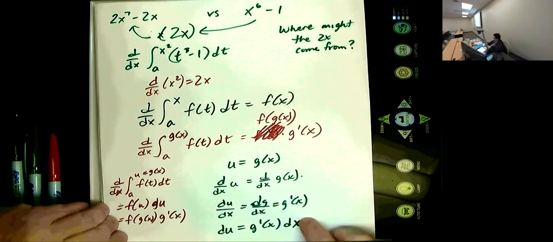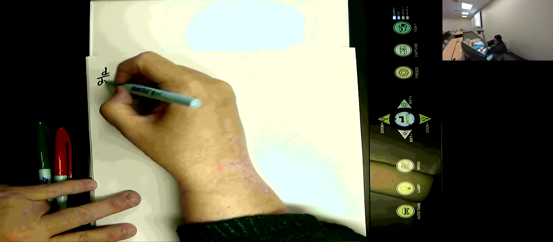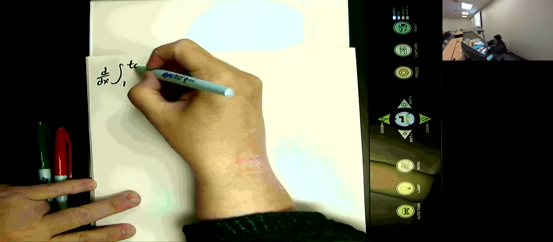Let's look at an example of this. What if we did d/dx of the integral from 1 to tangent x of t dt?